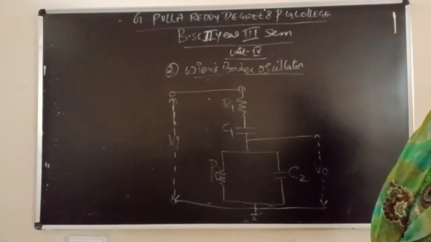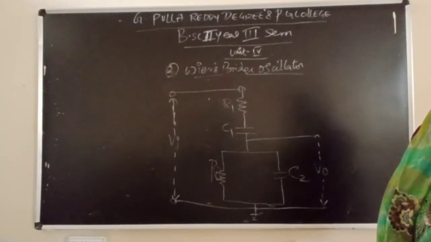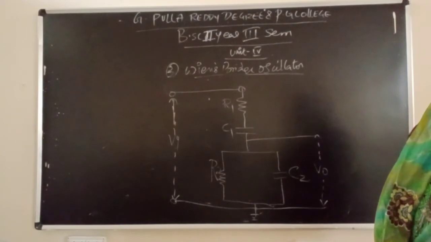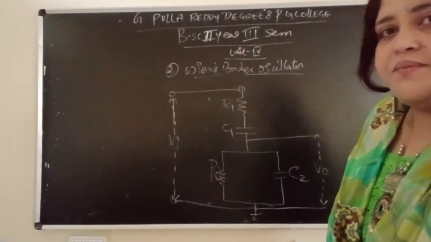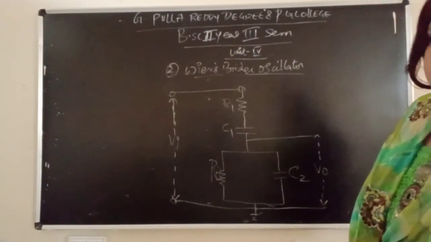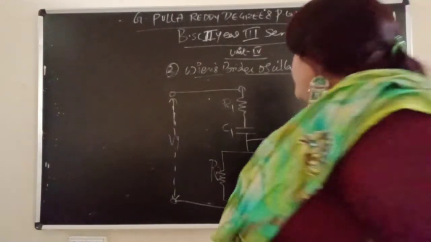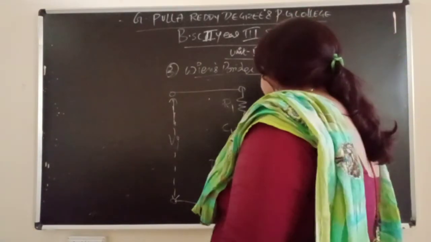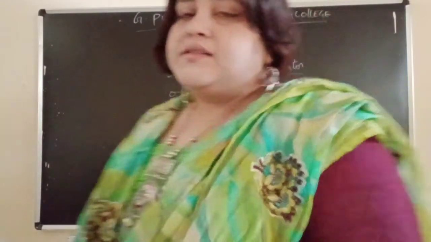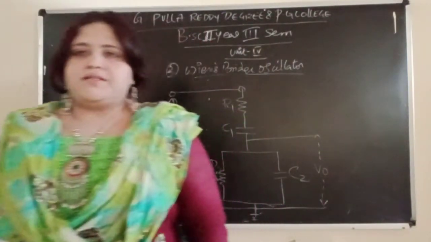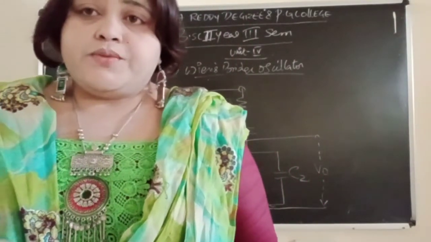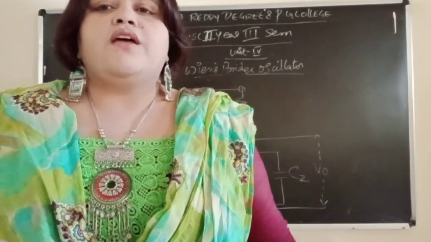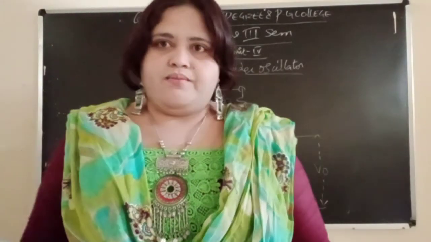This diagram you should draw. We will be connecting it in our feedback network. This is the circuit of the Wien bridge principle. The figure below shows the circuit diagram of the Wien bridge principle.